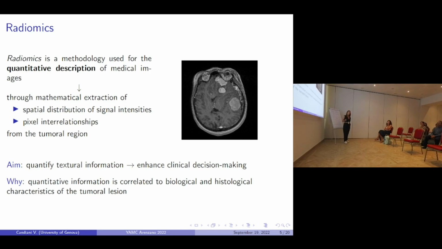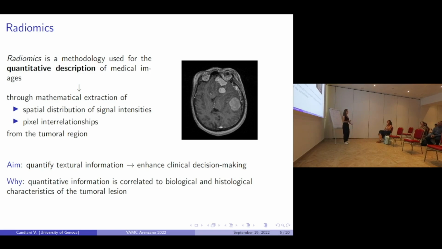So, as you have heard before, radiomics is a methodology that is used for extracting quantitative information from medical images. What usually happens in oncological applications is that a neuroradiologist looks at the images and says, yes, there's a tumor, it's in the frontal lobe, and it should be operated.